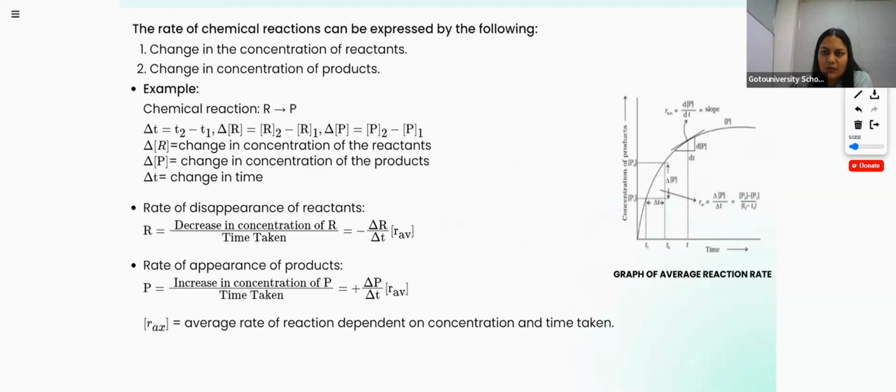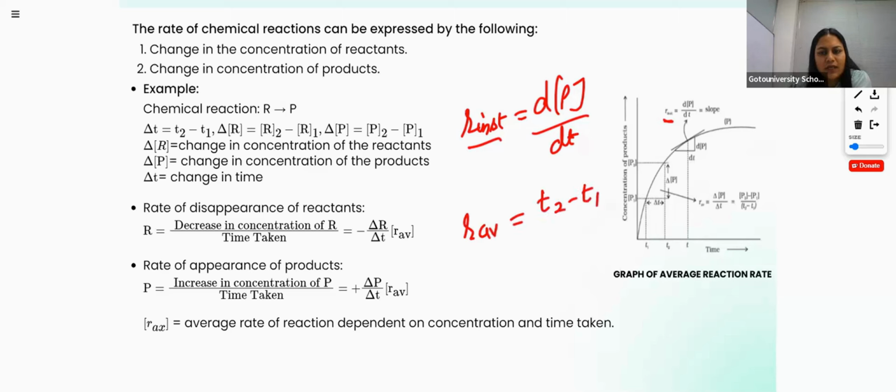Now there is one more thing. We can see here it is written instantaneous rate, which is like this. Now what is this? For the average rate, we can calculate it by taking the difference of 2 different times.